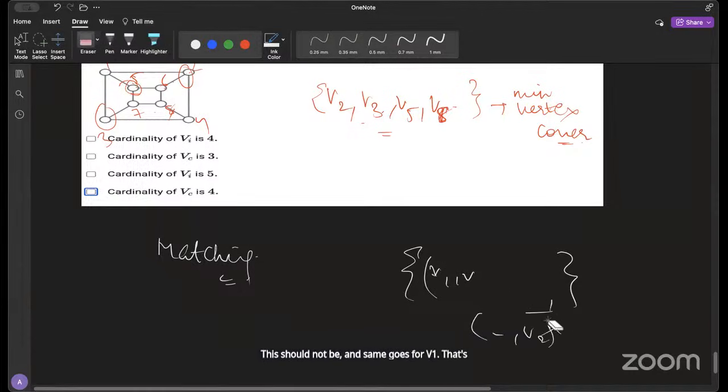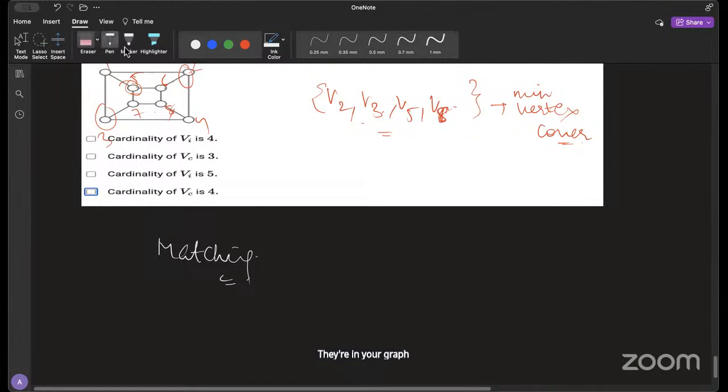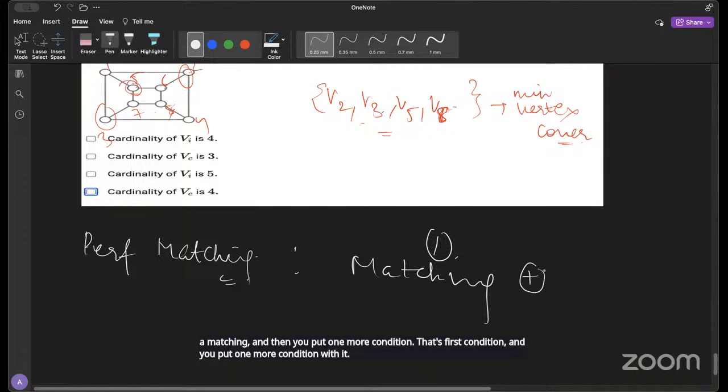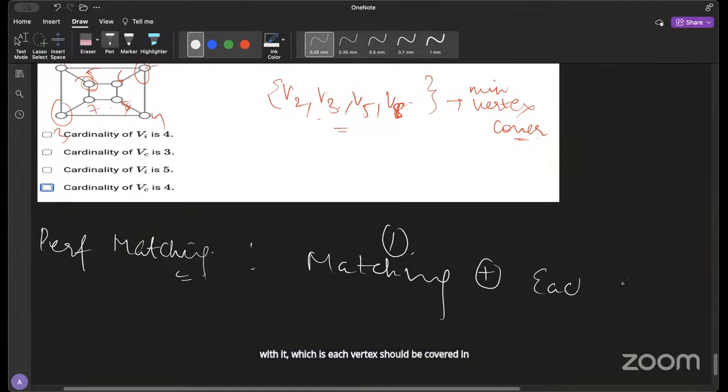That's your matching. And perfect matching basically means that it's a matching, and then you put one more condition: each vertex should be covered in the matching.